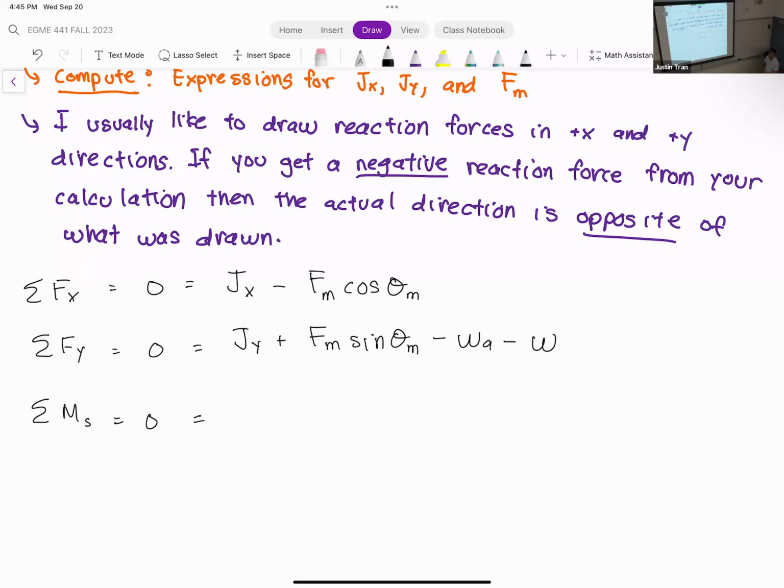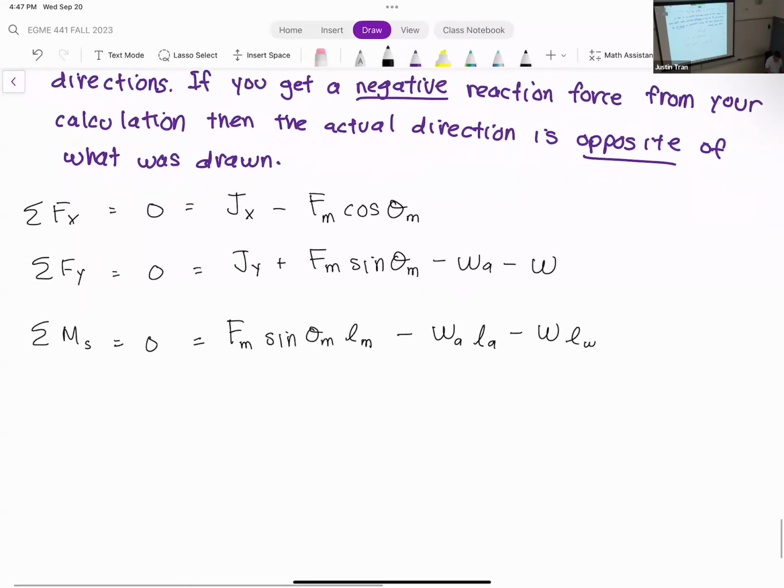And then we sum up the moments around the shoulder. This gives us Fm sine theta m Lm minus Wa La minus Ww Lw.